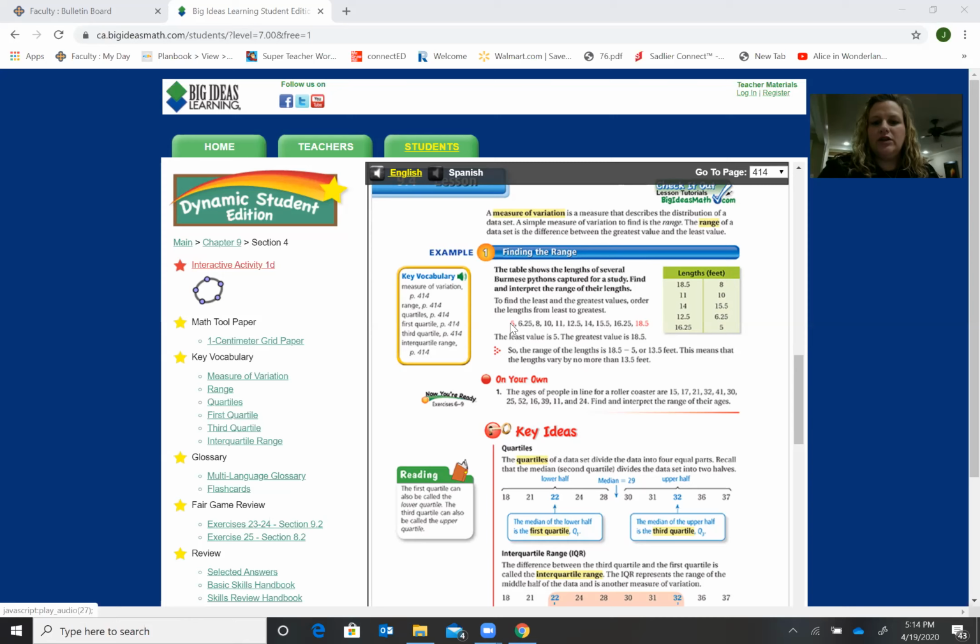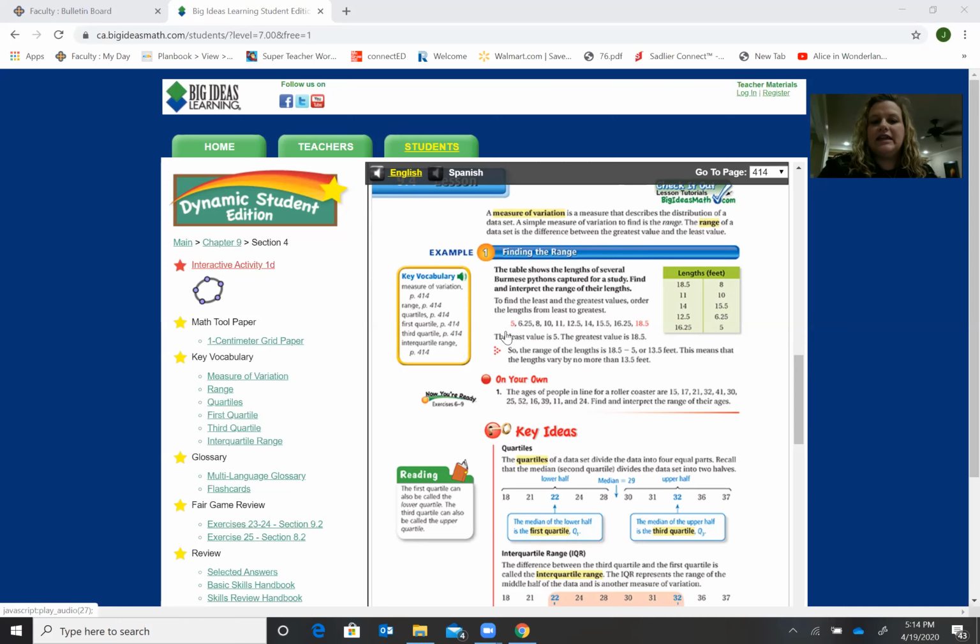I really don't want to deal with the 5-foot Burmese python, much less the 18.5, but regardless, those are our lengths. The least is 5, the greatest is 18.5. So all you do is take the greatest and subtract the least. So 18.5 minus 5 is 13.5. And 13.5 feet is the range.